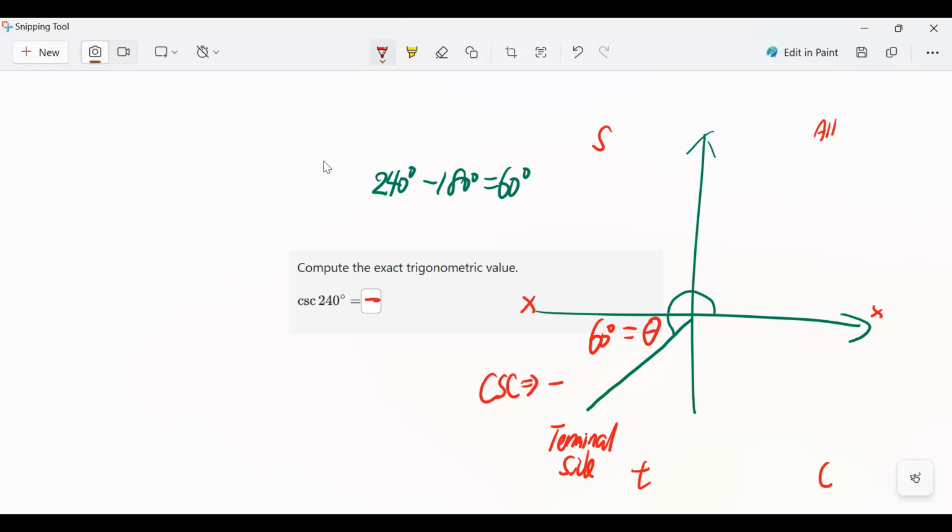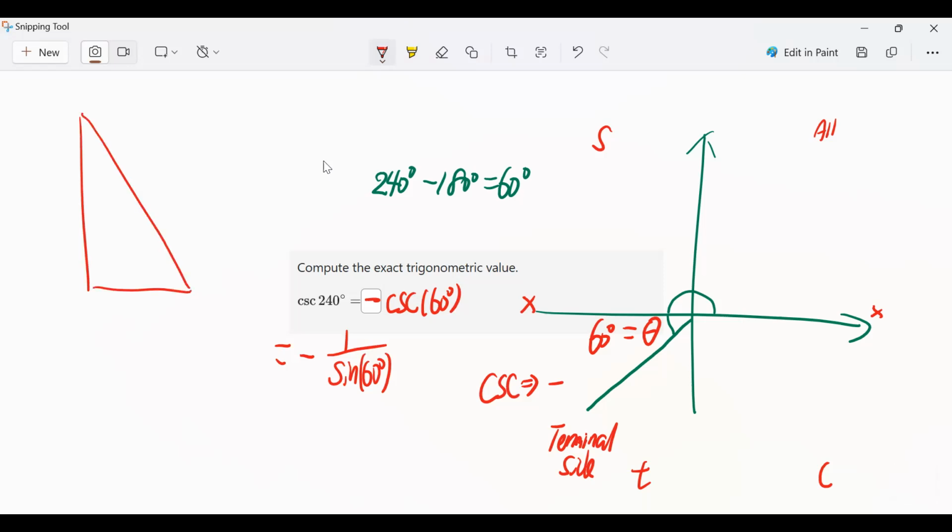The answer is negative, and using the reference angle, cosecant of 60 degrees is the reciprocal of sine, so it's 1 over sine 60 degrees. We know sine 60 degrees will be radical 3 over 2, so it's minus 1 over radical 3 over 2.